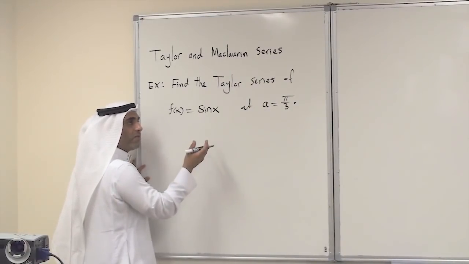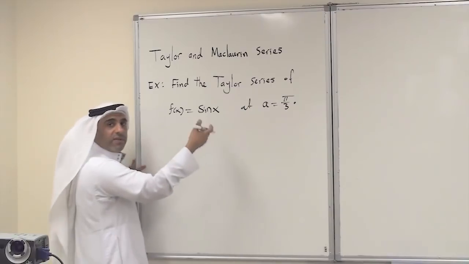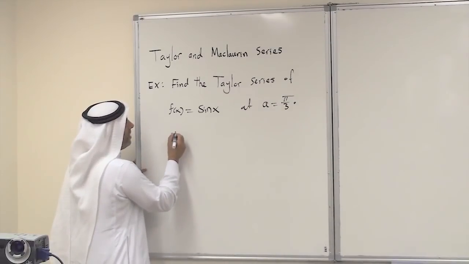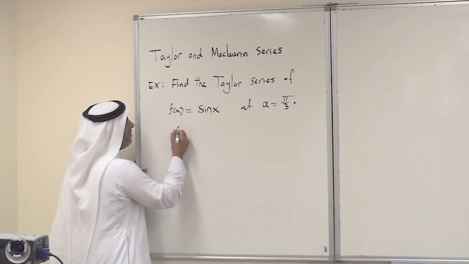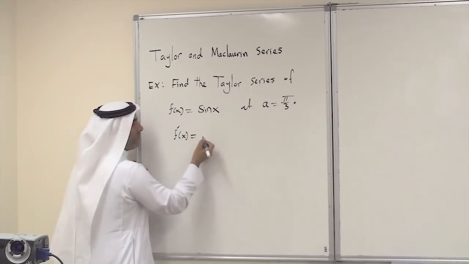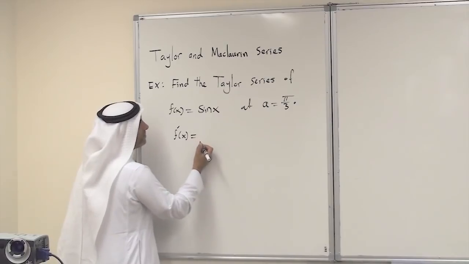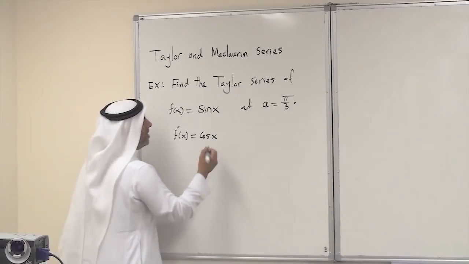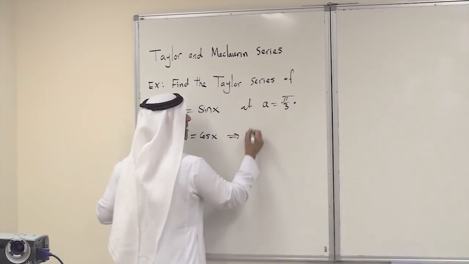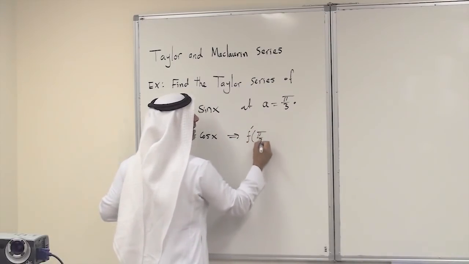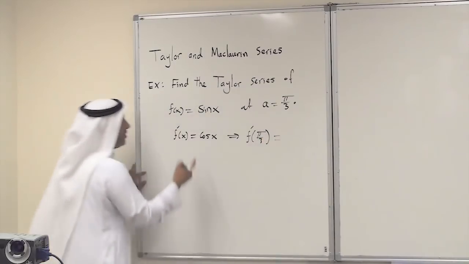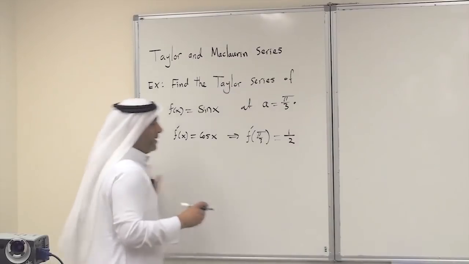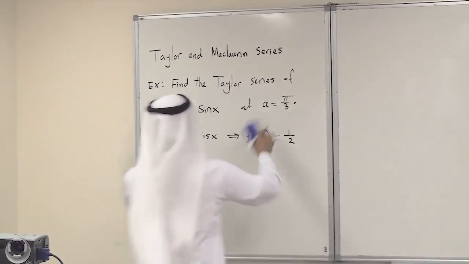The only thing we need to search for is a formula for the derivatives of the function. So looking for derivatives of this function here, I have f prime of x, which is equal to cosine of x, the derivative of the sine function. So f prime at pi over 3, substituting here, will give you 1/2. Let me make some space here.